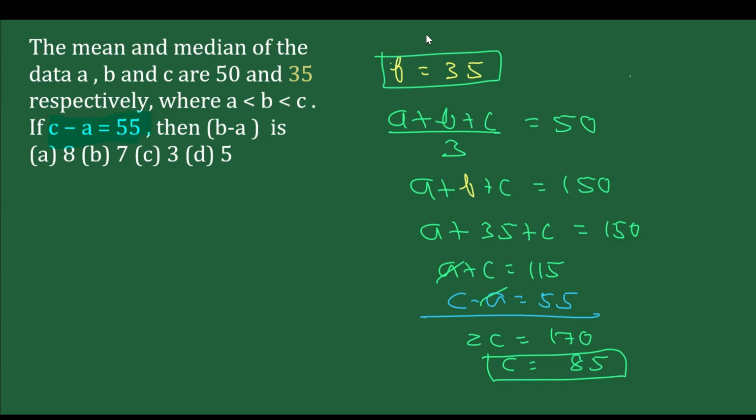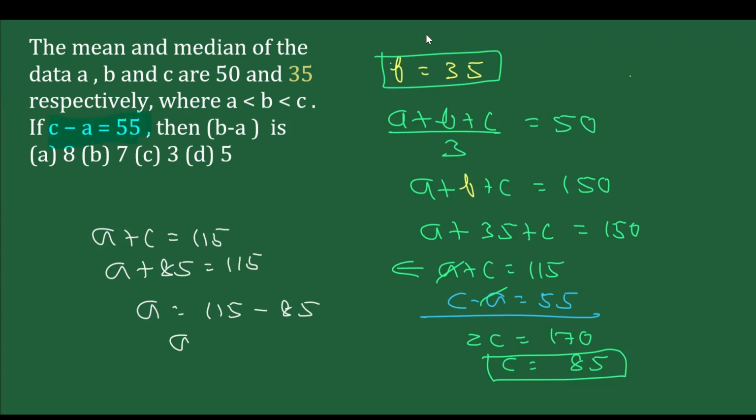For getting A, we can use any of these equations. Let's say from this equation, A plus C is given as 115. If I replace C over here as 85, then A should be 115 minus 85.